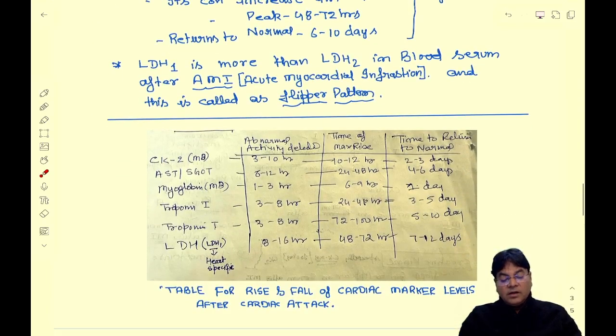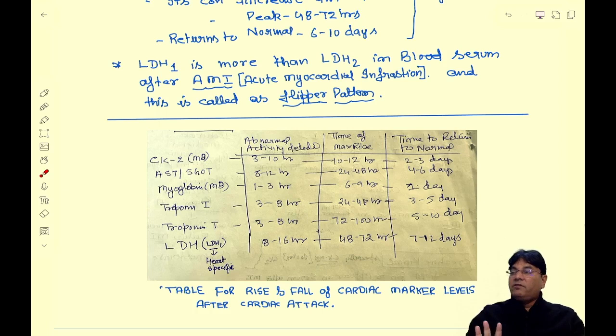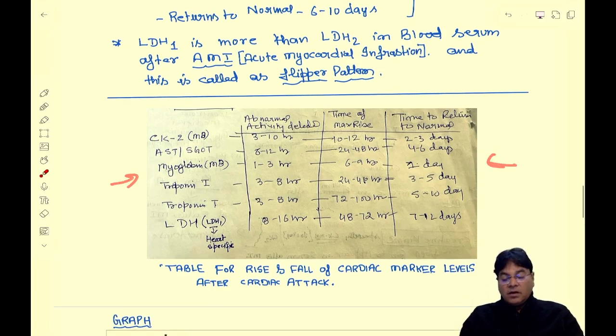Now this is a chart which will be helpful in clearly visualizing things. On the left side I have written the names of the enzymes, that is the cardiac markers, and then the time within which abnormal activity is detected, the time of maximum rise in the blood serum, and the time it returns to normal.